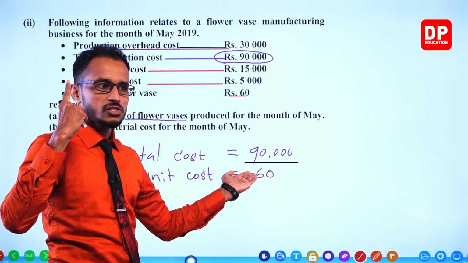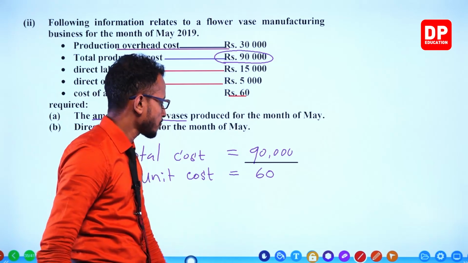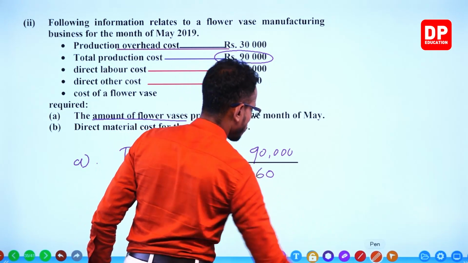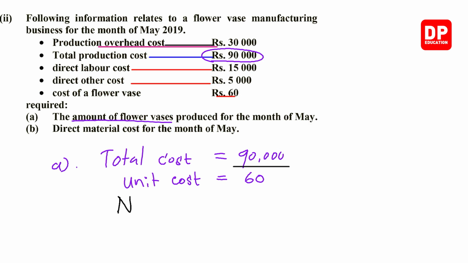One flower vase costs 60, then 90 divided by 60, you get the number of flower vases.